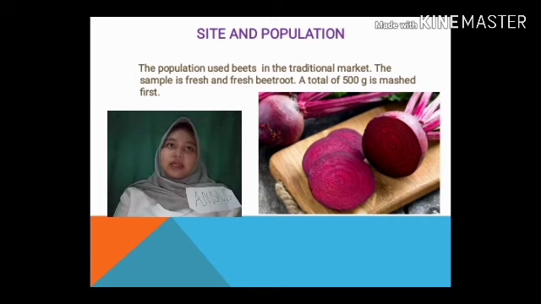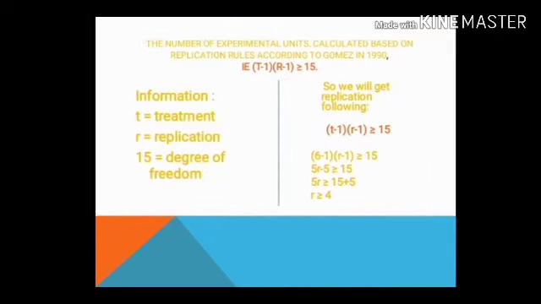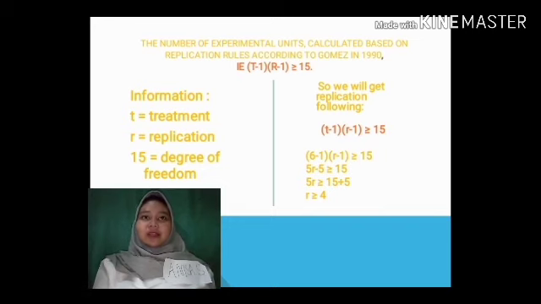Sample and population. The population used was beets from a traditional market, and the sample is pressed beetroot. A total of 500 grams is measured first. The number of experimental units is calculated based on replication according to Gomez's rule in 1990: (t-1)(r-1) greater than 15.